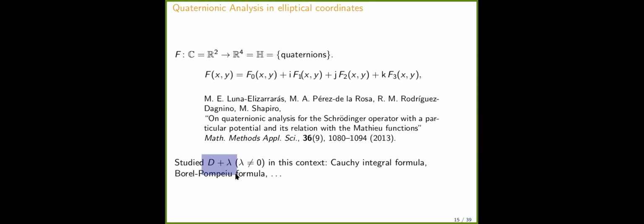And in this context, for this operator, the whole basic theory was worked out, the Cauchy integral formula, the Borel-Pompeiu formula, and so on and so forth. All the basic work was done. And at the end of the article, it was mentioned that if you start with Mathieu functions and you apply D minus lambda, you get solutions of D plus lambda of the function equal to 0.